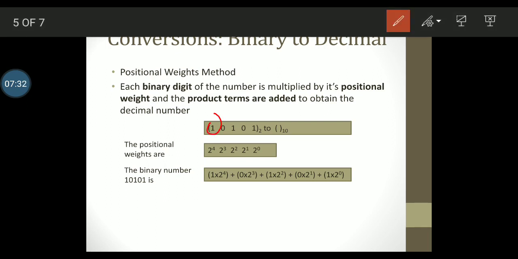1 multiplied by 2 raised to 4 plus 0 multiplied by 2 raised to 3 plus 1 multiplied by 2 raised to 2 plus 0 multiplied by 2 raised to 1 plus 1 multiplied by 2 raised to 0.